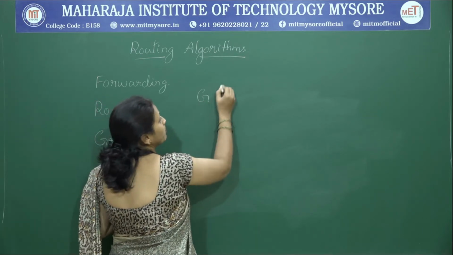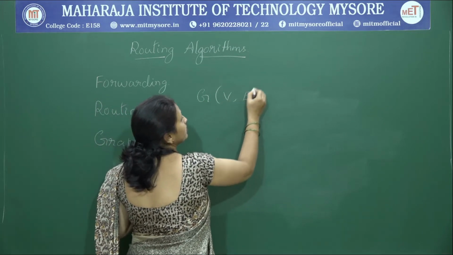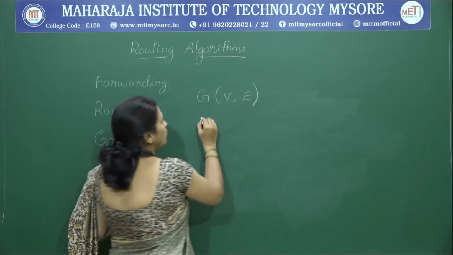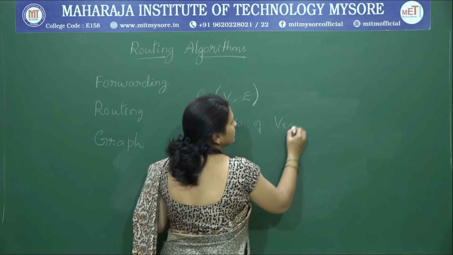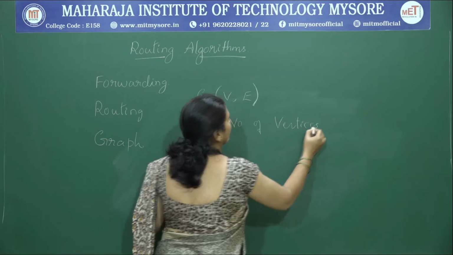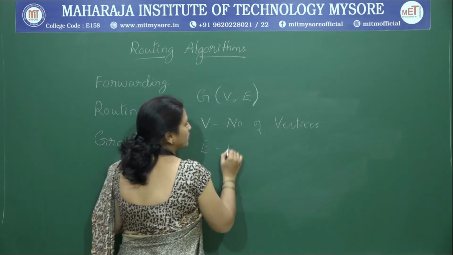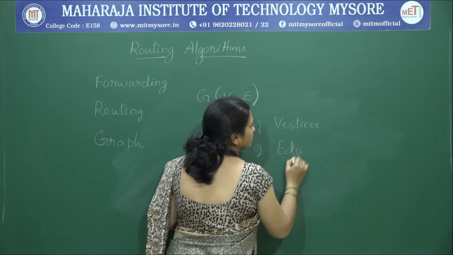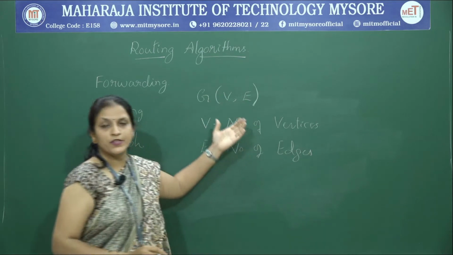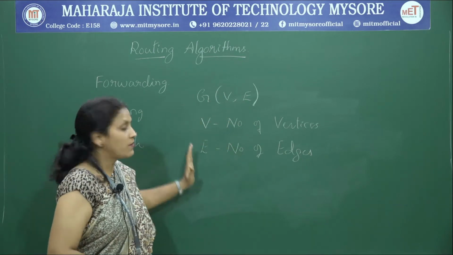Graph is usually represented something like this, right, where V represents the number of vertices and E represents the number of edges that exist between these vertices, right? This is how we represent graph.